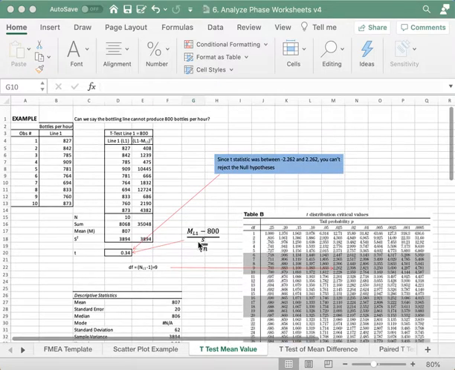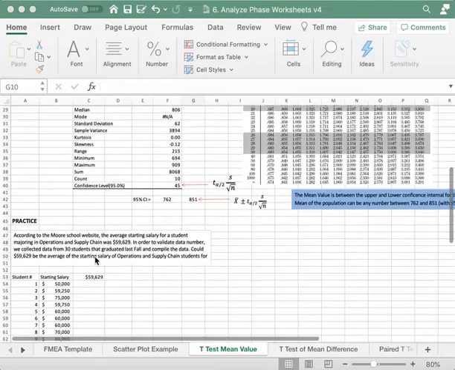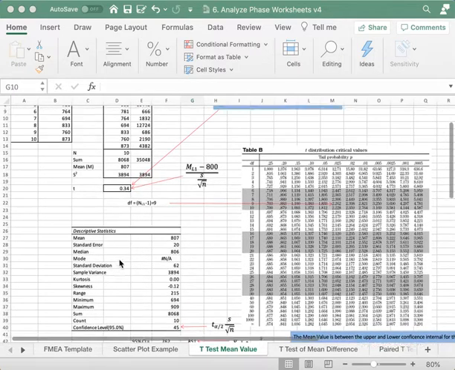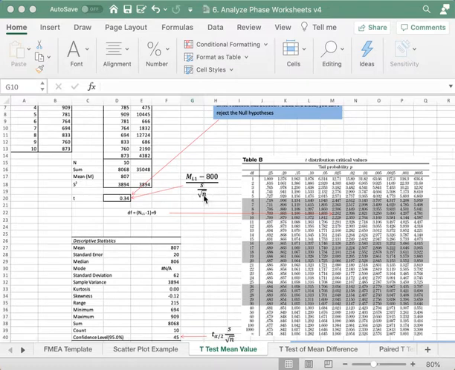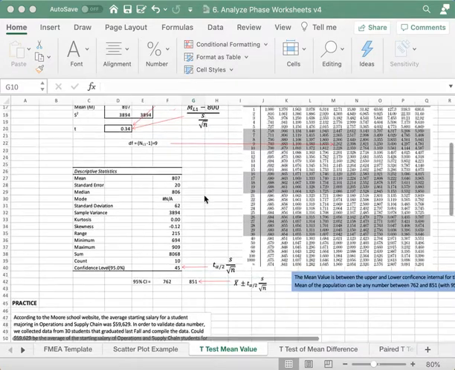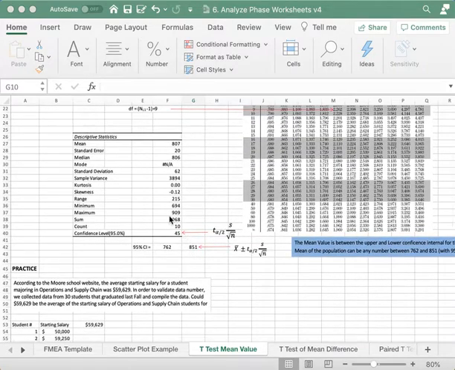Hope so. Now I want you to solve this problem. You can do it in two different ways. You can do this math, where you calculate the known value, the average, standard deviation, and n. And you can also do the descriptive statistics and find the confidence interval.